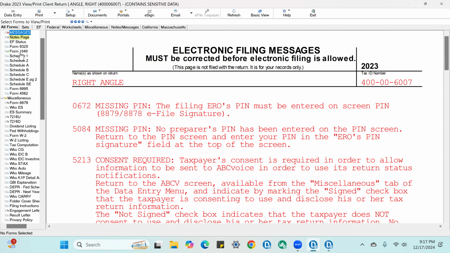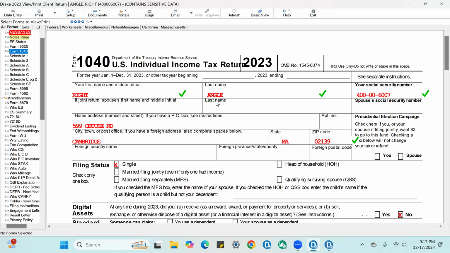It's done in the 2023 tax software, where we are going to use exactly the same information to produce the 2024 tax return. So in this person, as you can see, the name is called Right Angle. It's a made-up name. And this is the tax ID. This is the address.